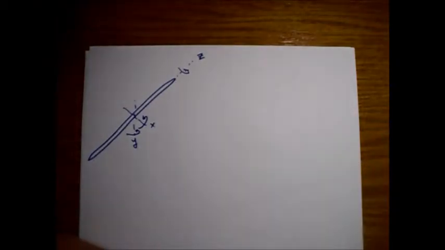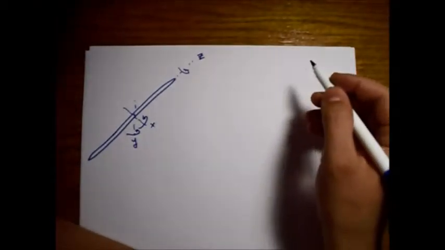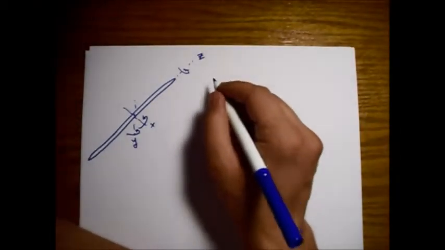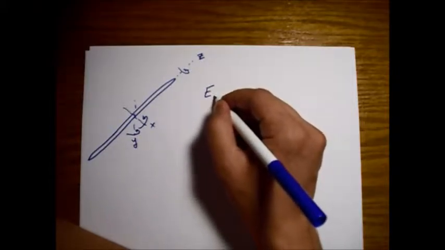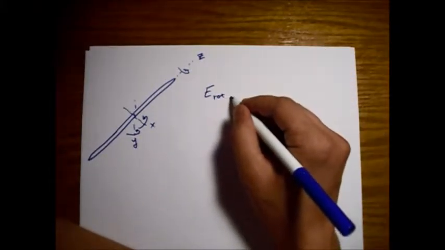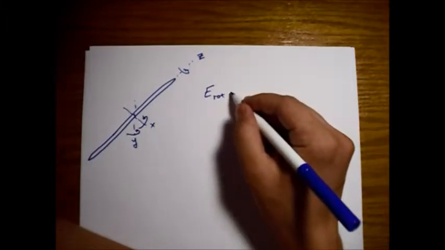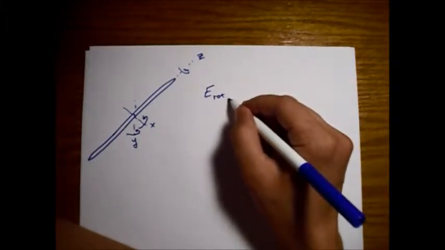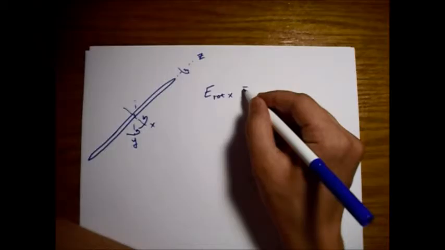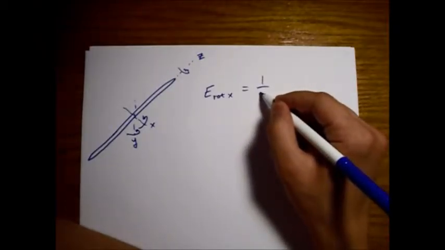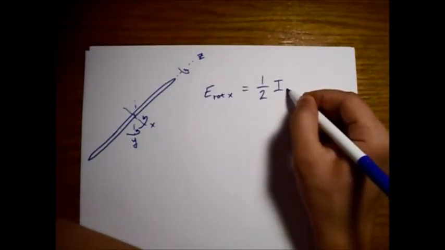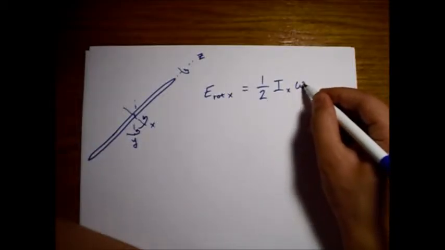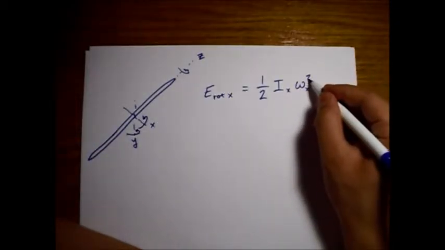All right, so if we look at the rotational energy, let's say for the x direction, we have 1/2 I sub x omega sub x squared.